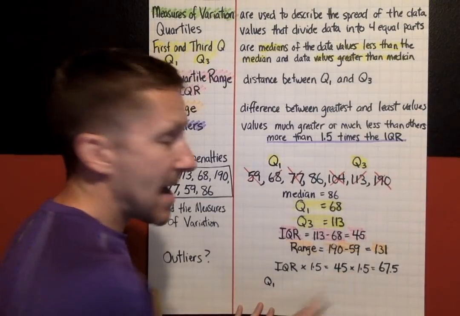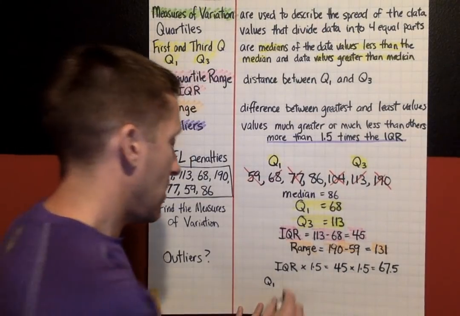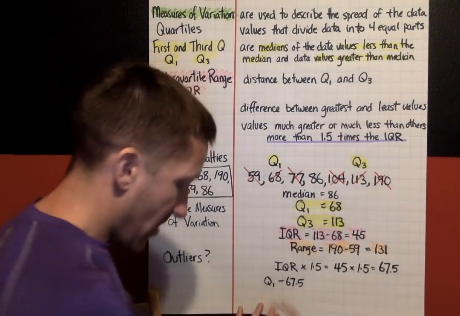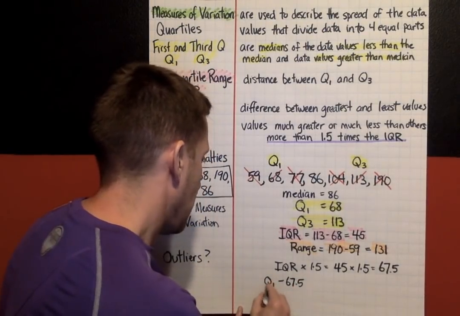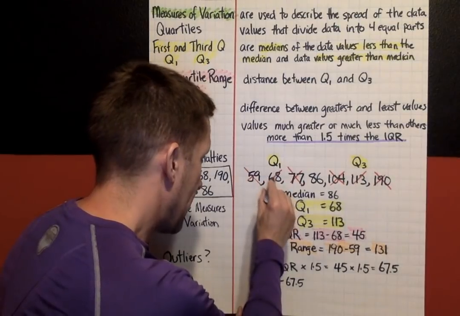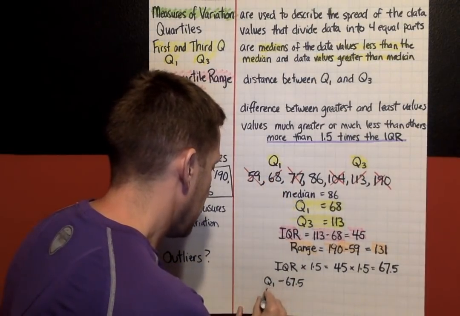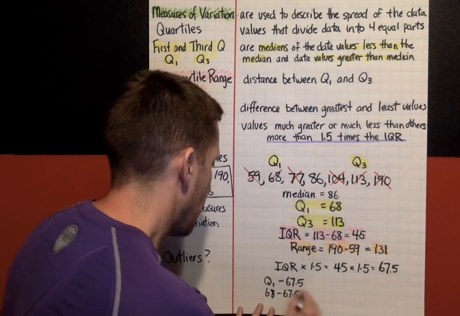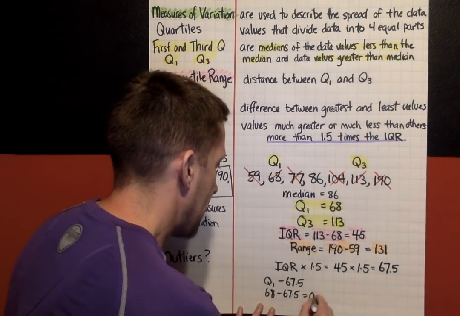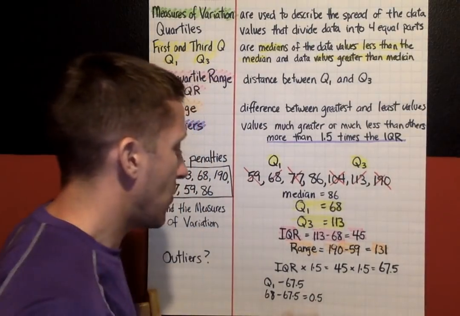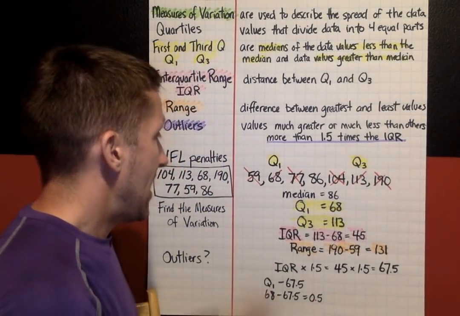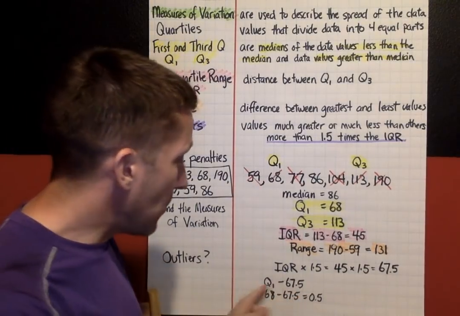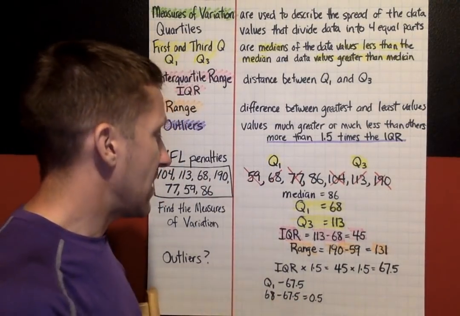I'm going to subtract 67.5 from quartile 1, which turns out to be 68. So I would do 68 minus 67.5, and that gives me a value of 0.5. I don't have a number that's 0.5 or less, so I don't have an outlier this direction.